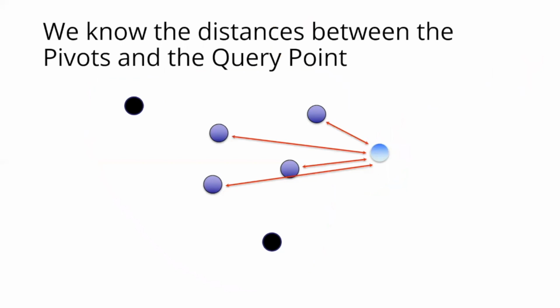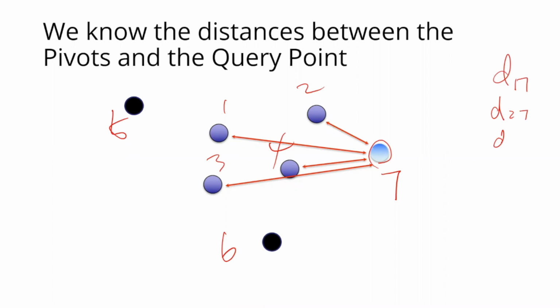From the query, we first measure the distance from the query to all the pivot points. So this was 1, 2, 3, 4, 5, 6, right? And let's call the query point 7. So the fact that we're computing the distances between the pivots and the query point means that we're computing D17, D27, D37, D47.